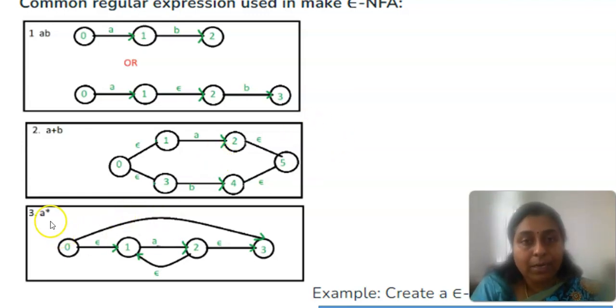And the third one is A star. So A star refers to the occurrence or repetition of A 0 or more times. So 0 or more times is represented using epsilon NFA in this pattern. If it is 0 times, then we can see there is a direct arc from 0 to 3.